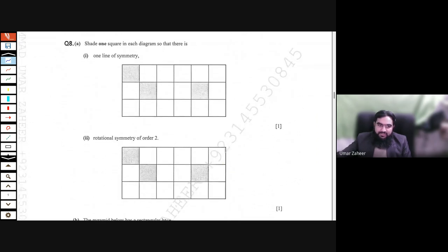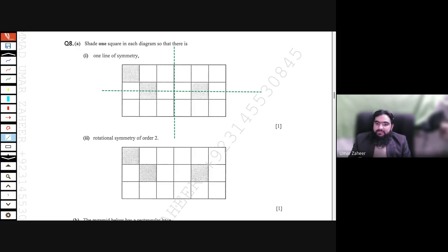All right, in question number 8, he says that you have to shade one square in each diagram so that there is one line of symmetry. Which one do we have to shade? We know that in a rectangle we make two lines of symmetry, this one and this one.